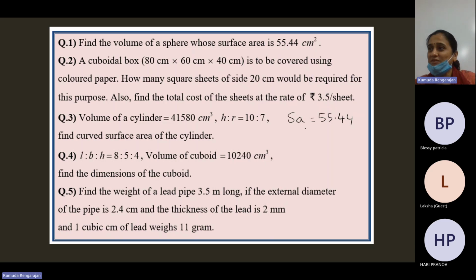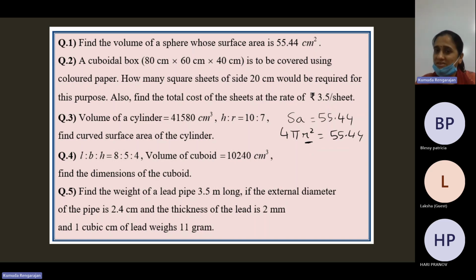So surface area is given. Surface area is given by the formula 4 pi r square is equal to 55.44. So this is an equation where r is unknown, correct? Because pi is 22 by 7 and 4 is a constant. So r is the only unknown here. Solve this equation and find the value of r. It's so simple.